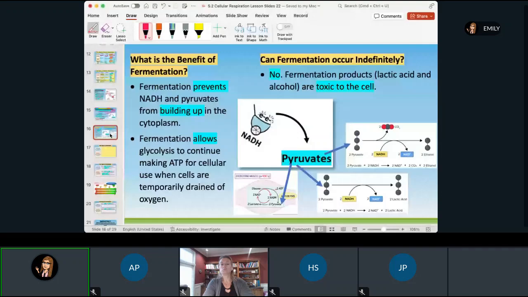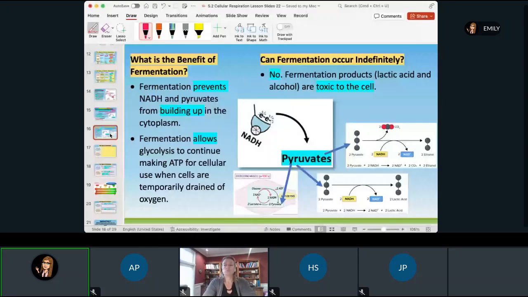So, why do we even go through fermentation in the first place if it's not making any more ATP? Well, it prevents NADH and pyruvates building up in the cytoplasm because, like we said at the beginning of the lesson, if NADH and pyruvate are just building up and waiting for your body to get more oxygen, they're taking up important space in your cells, and so your cells are going to stop glycolysis from happening, which means you're not getting that constant flow of +2 ATP, because even though it's not 36, it's still better than nothing.